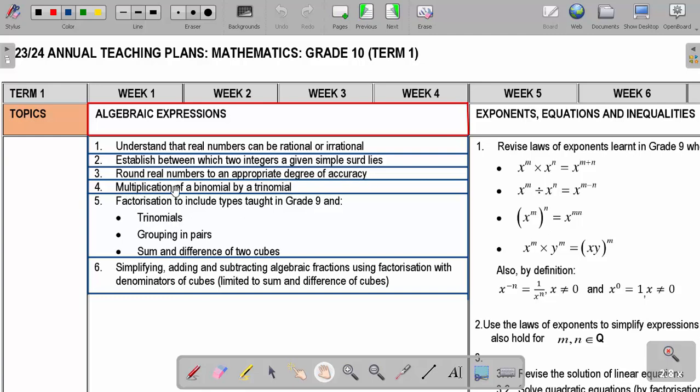Also multiplication of a binomial by a trinomial, and then factorization to include types taught in grade 8, for example trinomials, then grouping in pairs, sum and difference of 2 cubes. And then lastly you should be able to simplify, add, and subtract algebraic expressions using factorization with denominators of cubes limited to sum and difference of cubes.